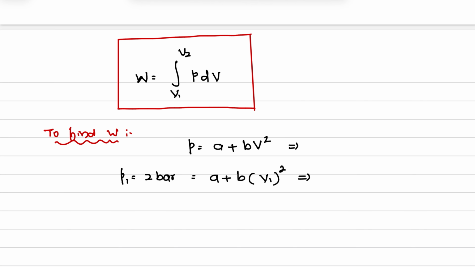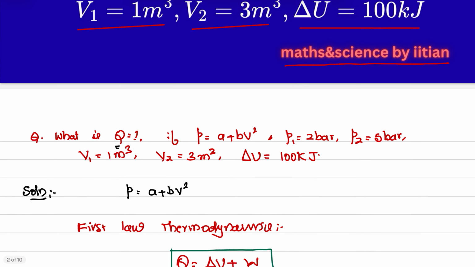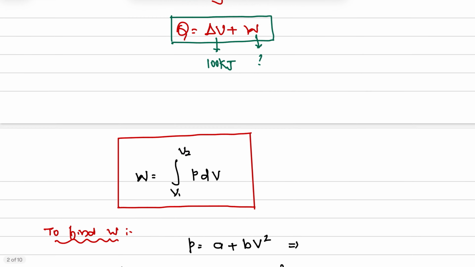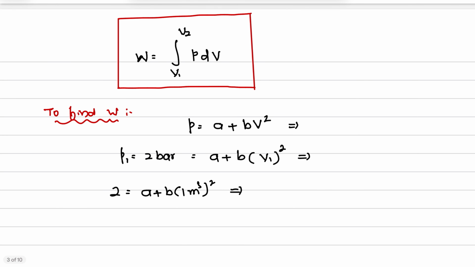Here V1 is 1 cubic meter and V2 is 3 cubic meter. That implies 2 is equal to A plus B. This is the first equation we have got for the process.